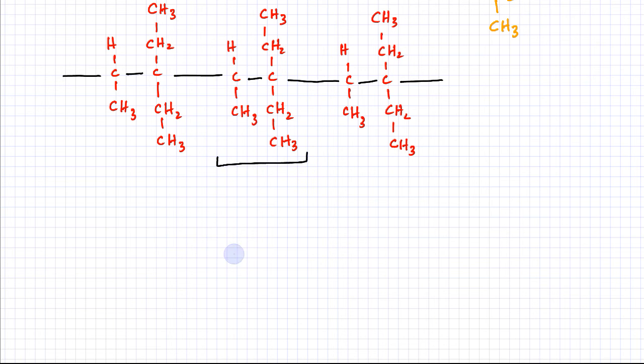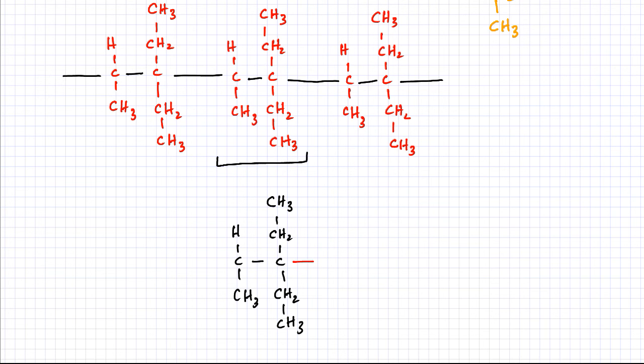So you're going to draw this part, a CH2 and a CH3, and you have a CH2 group and a CH3 group below, and there's an H and a CH3 group on this side, and this part is being repeated over and over again.